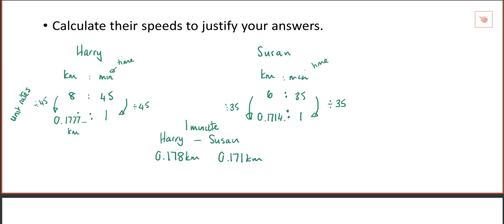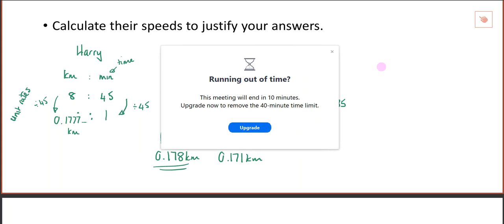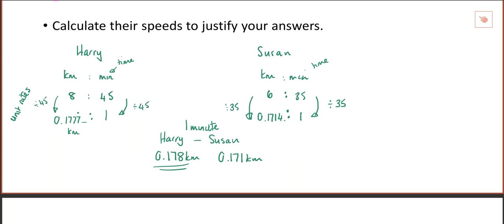So who's running faster? Harry. Okay. So that was doing speed. I'm almost out of time. But what I want to do is show some of you did it using the same method, but slightly differently. So that's speed.